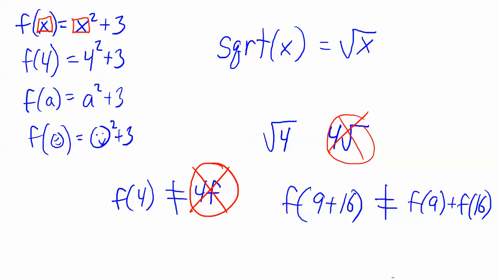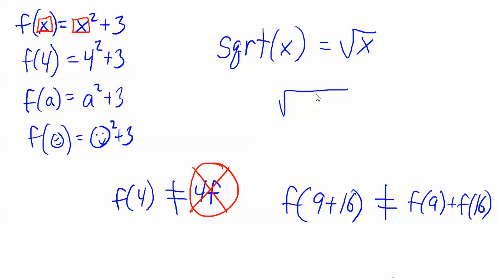To see why that's true, it might be helpful again to think about our square root here. So let's imagine that our f function was the square root. So think about square root of 9 plus 16 versus square root of 9 plus square root of 16.